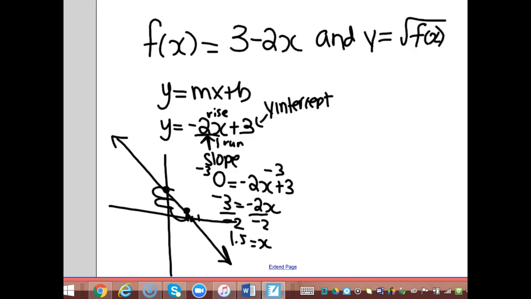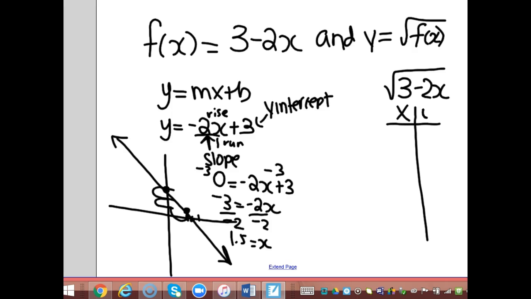Now if we wanted to do the root equation, we can do the same thing, but we just do points with this as our equation. So we can make a table if we want and graph the picture.